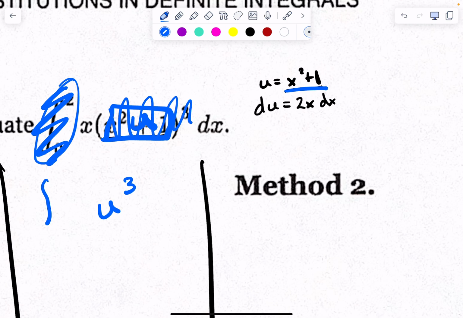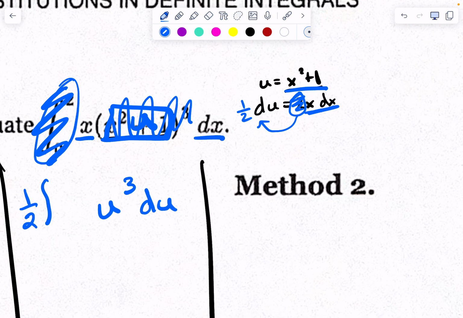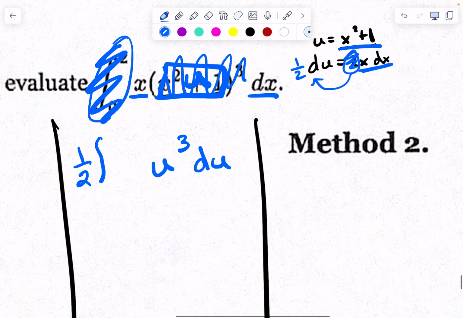Then I have x dx that needs to be replaced, but I don't have a 2 there. So I'm going to move the 2 to the other side, and 1/2 du is x dx. So I need a 1/2 and a du. If you need to stop and look back at that, that's totally fine. So there we have everything replaced.